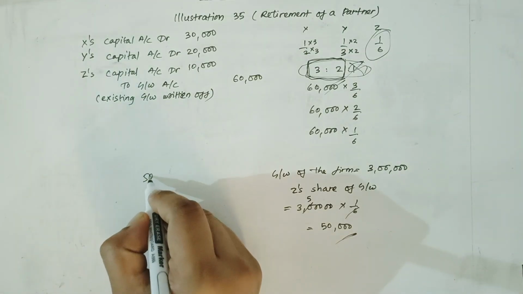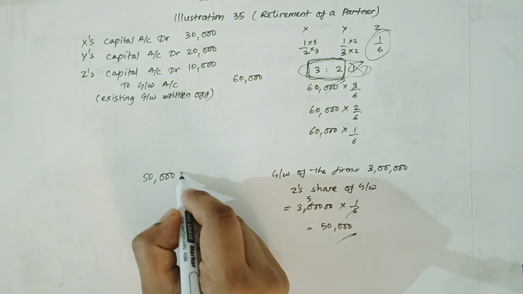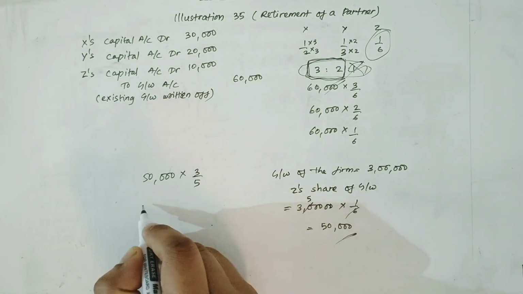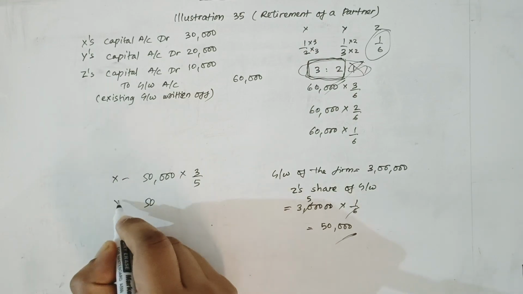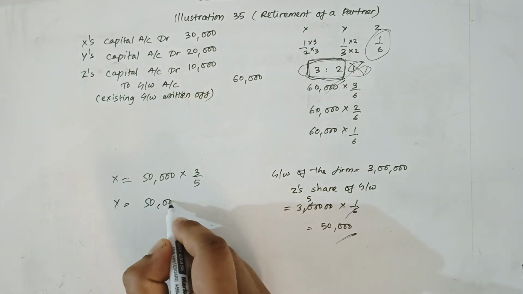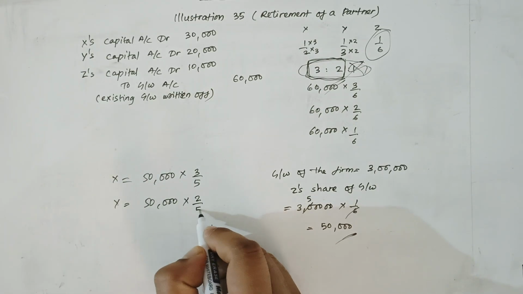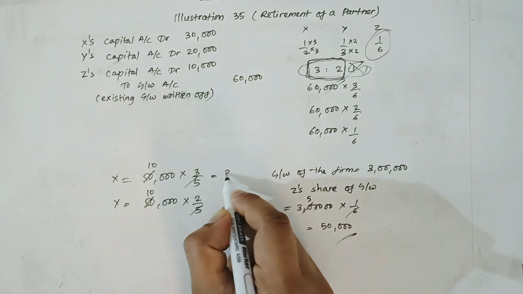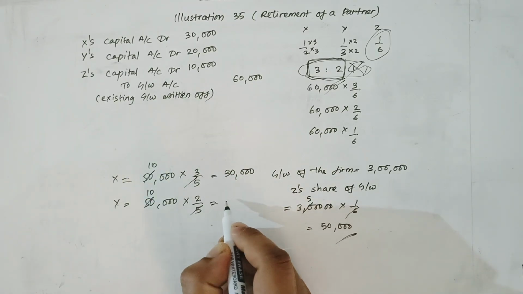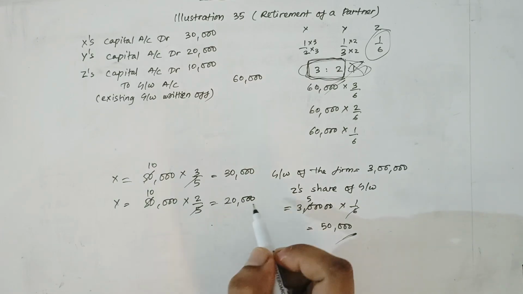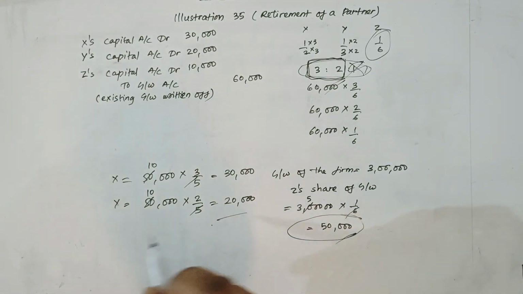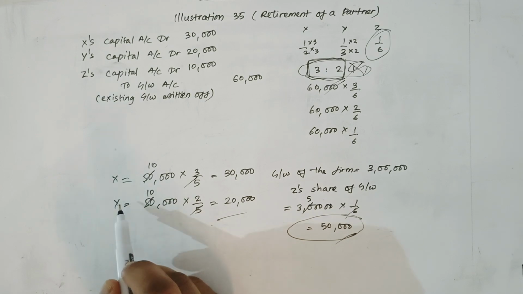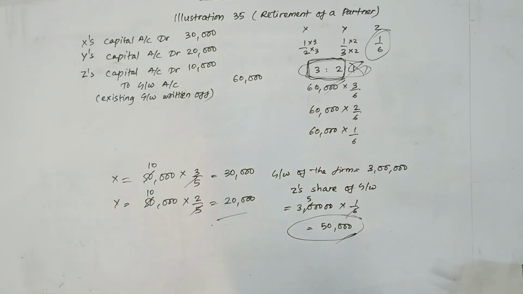So distribute 50,000 in the ratio of 3 to 2. It is 30,000 and 20,000. Okay, so this 50,000 is contributed by X and Y in their gaining ratio.